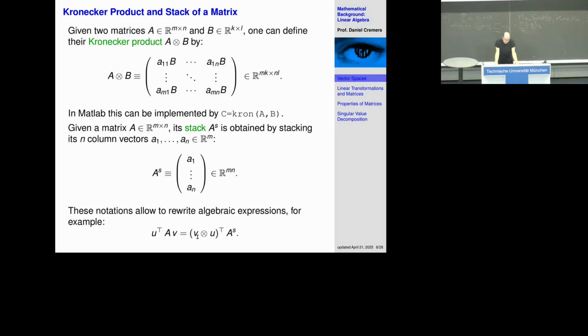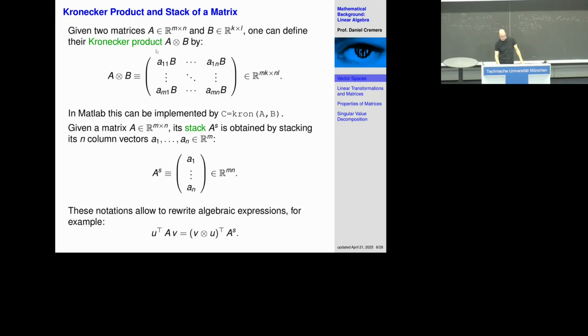Another notation that, at least in my linear algebra class, didn't show up, but that we will use in this class, is two definitions that are not very profound, but they're really just notation, if you will. One is called the Kronecker product of two matrices. If you have two rectangular matrices, M by N and K by L, then you can do the Kronecker product.